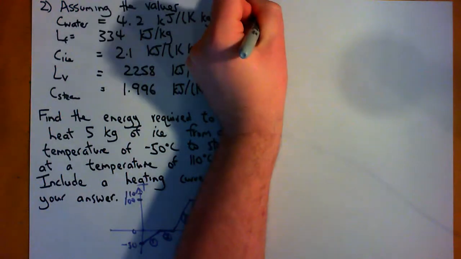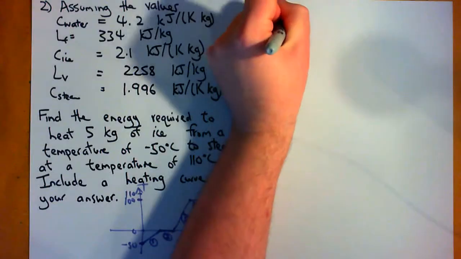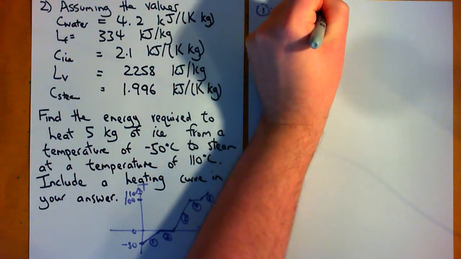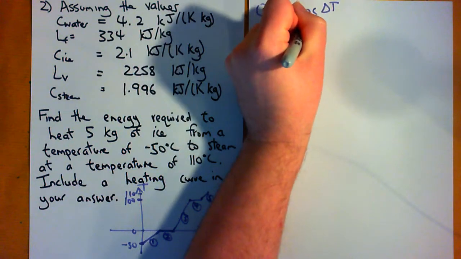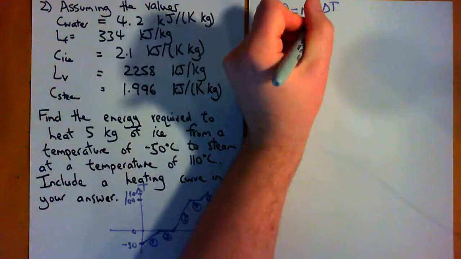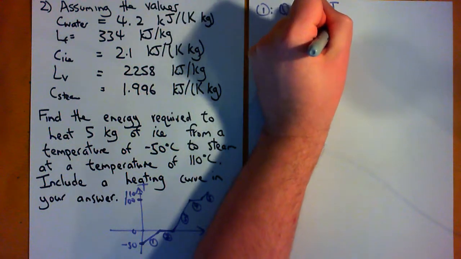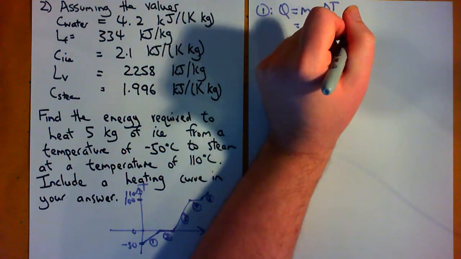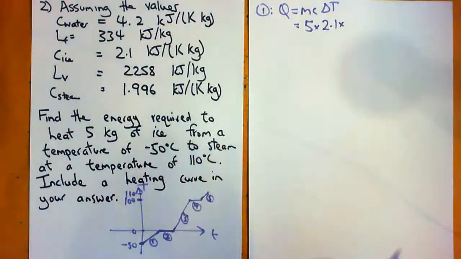The first stage is the increase in temperature of solid ice. Since it's an increase in temperature, the formula is Q equals mc delta T. M here is 5, it's a 5 kilogram block of ice, multiplied by the value of C, which for ice, the specific heat is 2.1 kilojoules per kilogram Kelvin, multiplied by the change in temperature.